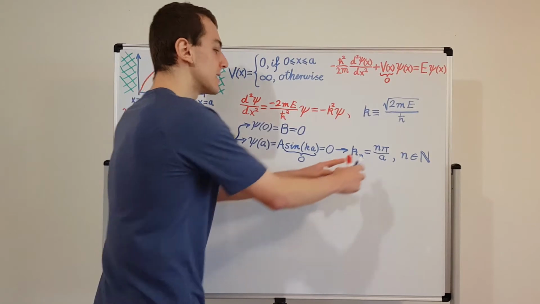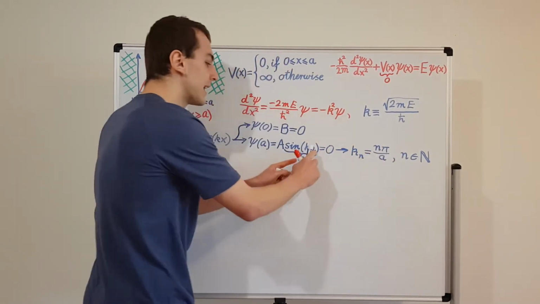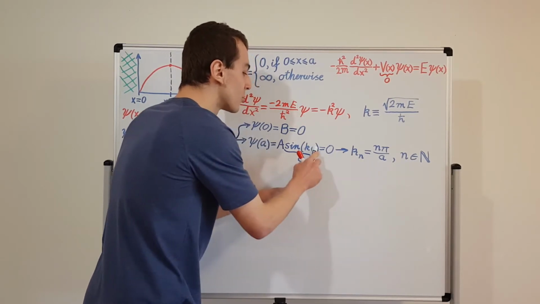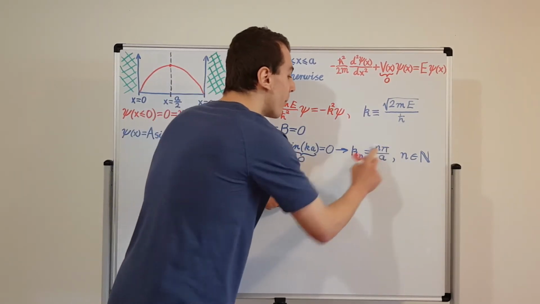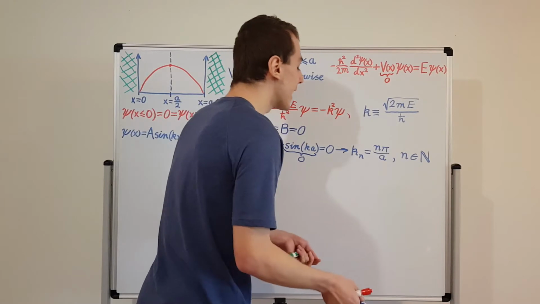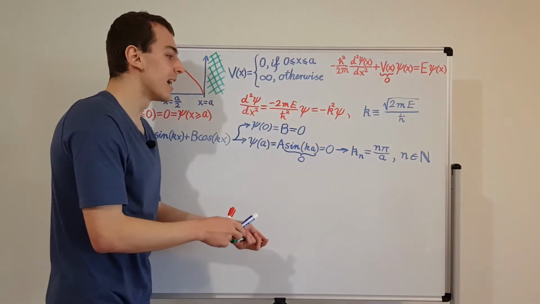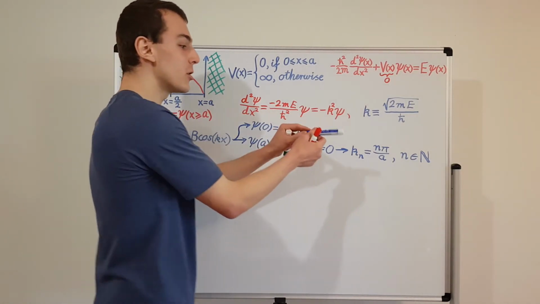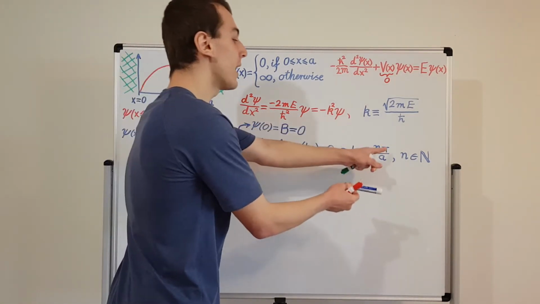So have a look at this. If I substitute this back into this sine expression over here, this a in the denominator is going to cancel with this a, and we're just going to be left with n pi. And n times pi, if you substitute that into sine, that is always going to guarantee that sine is equal to 0. Because if you remember the unit circle, pi is half a circle.